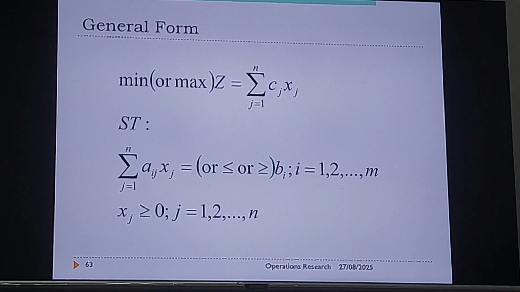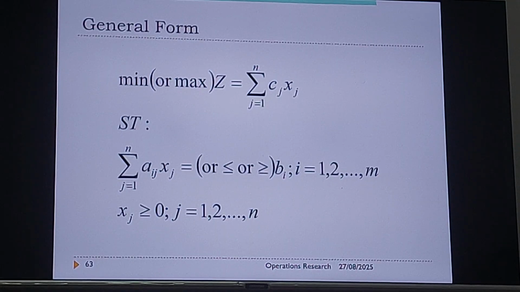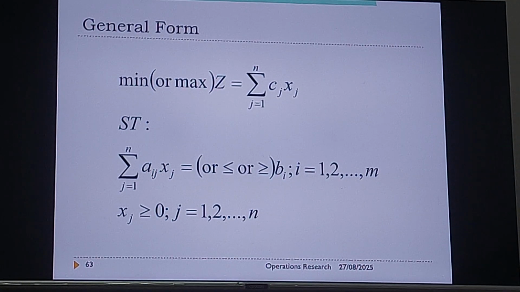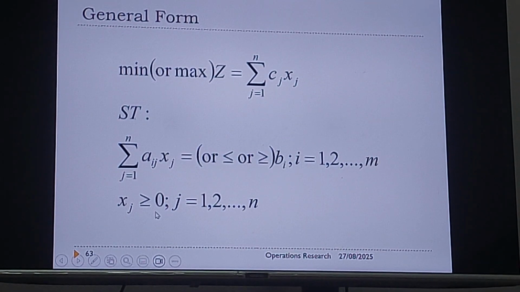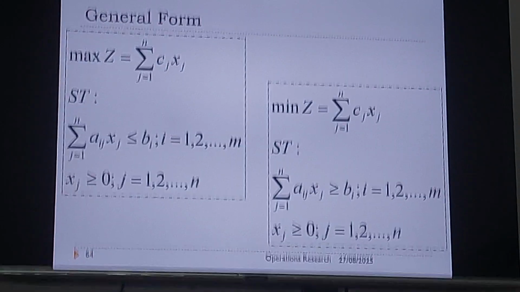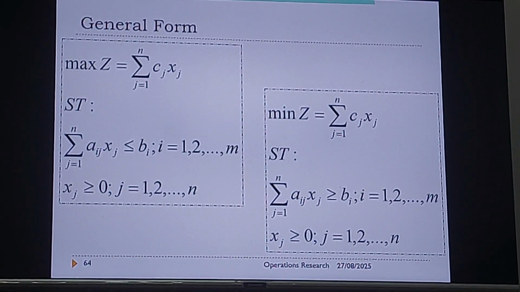You want to minimize the cost, and cost is, we get the cost from adding C multiplied with X. Right? C is the salary of the worker, and then C is also the cost of raw material, and so on. ST is subject to this constraint. Also, if it's in max, usually it is shaped like this. Usually, more in the common side, and the right side for the minimums.